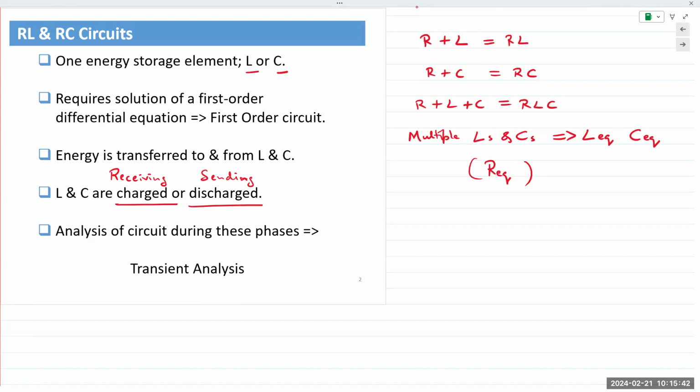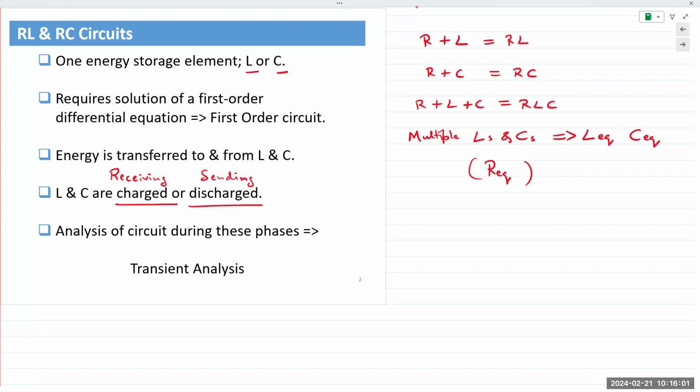Now, as I stated, it's a first order differential equation. So the circuit is referred to as a first order circuit. So RL and RC circuits are referred to as first order circuits.